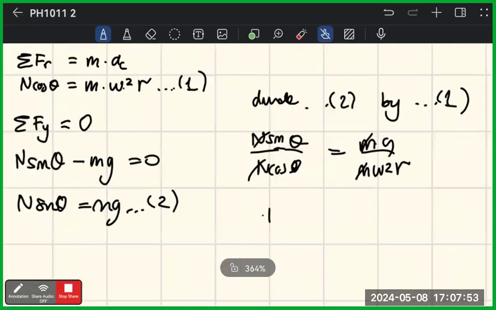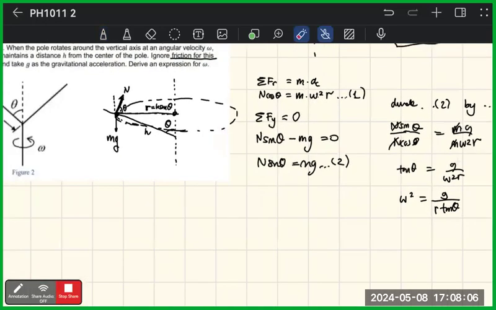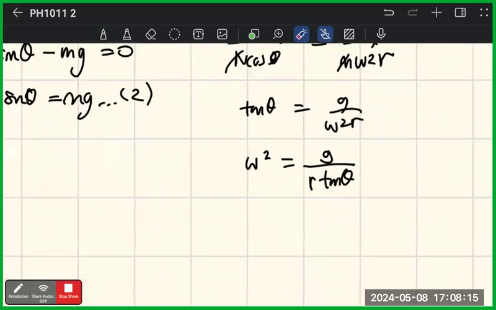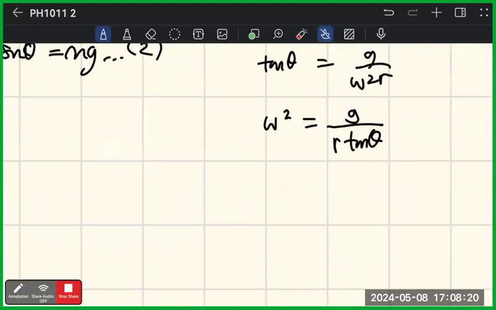So tan theta is going to be g over omega squared r. So omega squared equals g over r tan theta. Wait, is it correct? Yeah, it is correct. So we're done with omega equals the root of g over r tan theta.